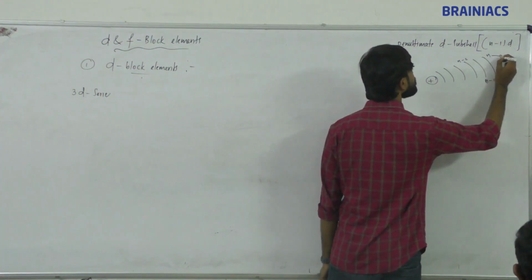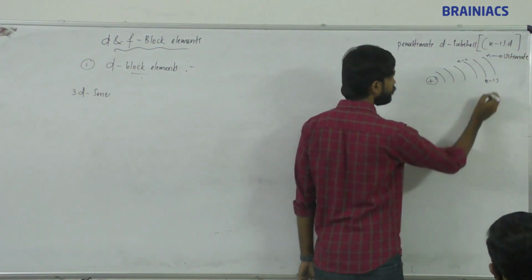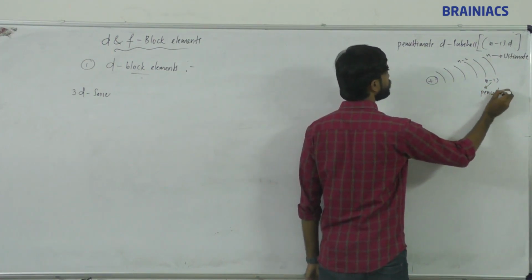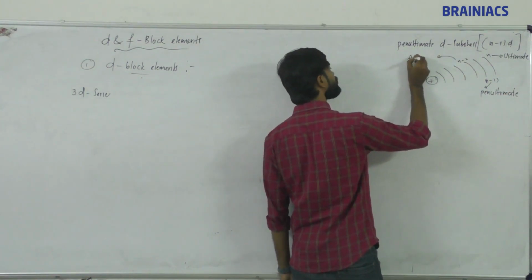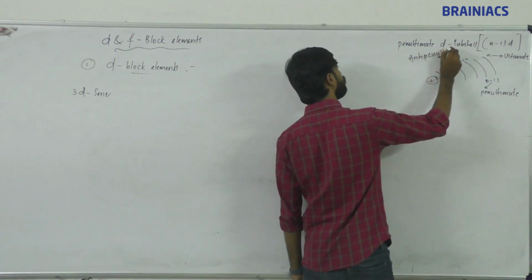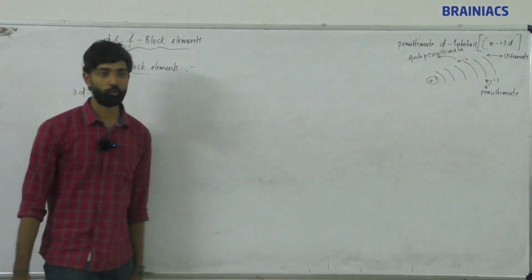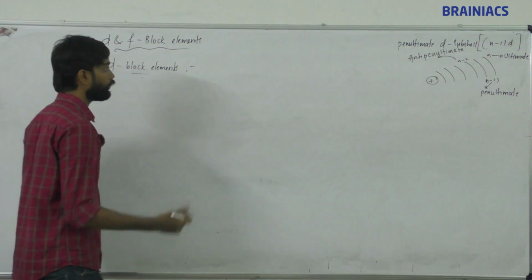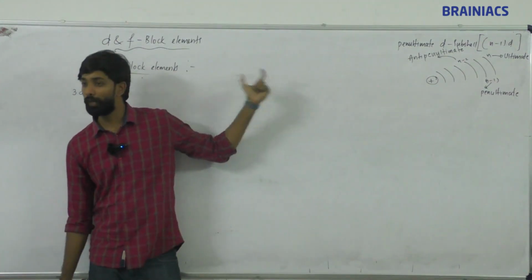The nth one is said to be the ultimate shell, n-1th is penultimate, whereas n-2th is known as anti-penultimate. F block elements are those where the last electron enters the anti-penultimate subshell. That's common knowledge.